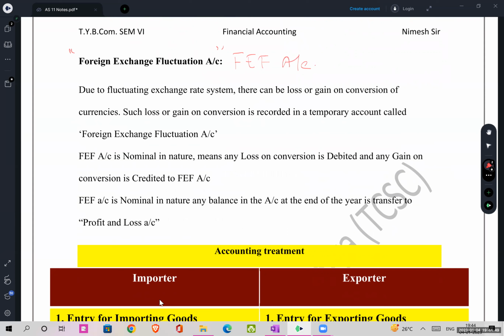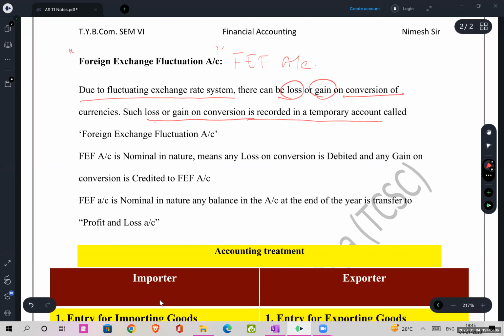Due to the fluctuating exchange rate system, which I gave a small example of earlier, there can be either a loss or a gain at the time of conversion of the money. Such loss and gain on conversion is recorded in a temporary account called the FEF account. So the reason behind opening the FEF account is to record the loss or gain at the time of conversion of the currency.